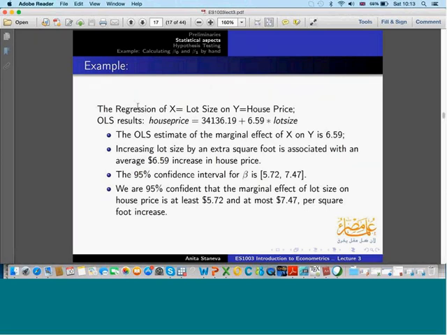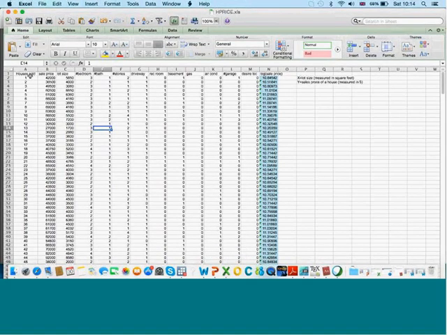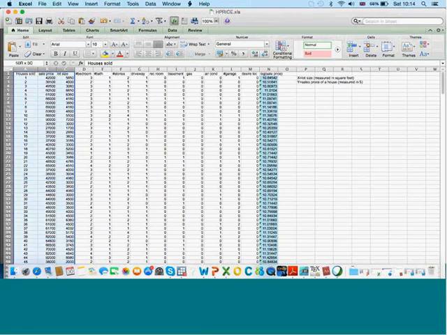If we want to look at the regression between house prices and lot size, we are using data on 546 houses sold in Windsor, Canada, and we want to run a regression of Y, the sales price of a house, determined by X, lot size. So I'm going to demonstrate how we can do it.